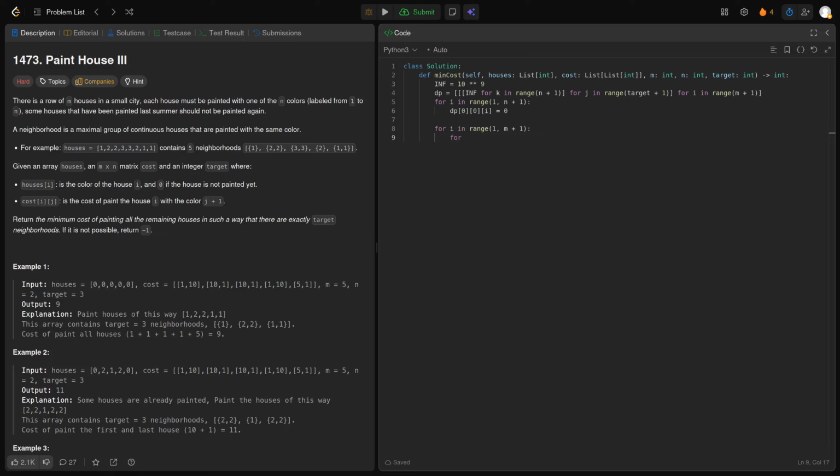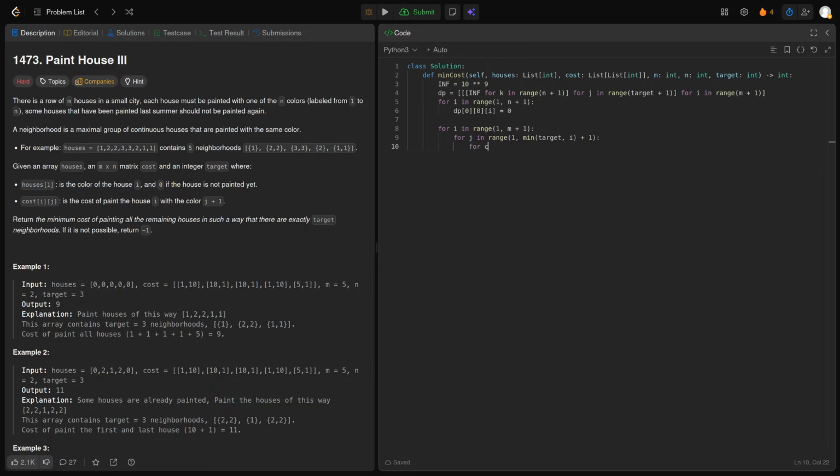Now we go through the number of neighborhoods, and we can have 1, 2, up to min of target and i plus 1, because we usually would go for target plus 1, but we cannot get 5 neighborhoods from the first 3 houses, so we take the minimum.